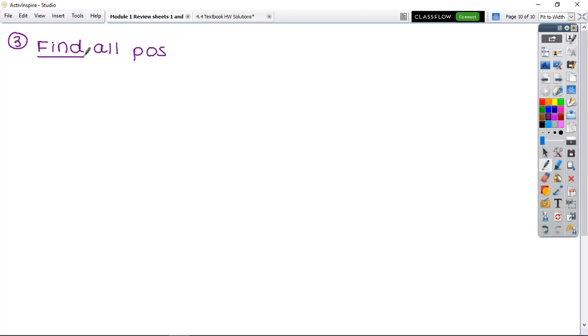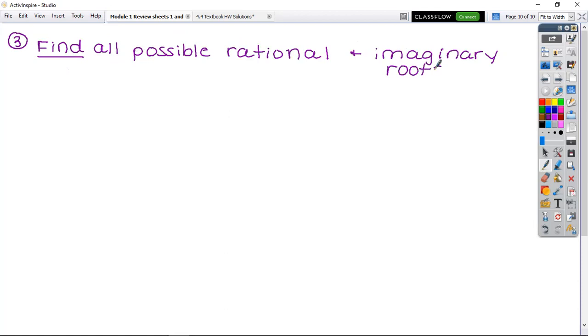So not just list, but find all possible rational and imaginary roots. The higher the degree, the more work you have to do. So this first one, I'm going to start with just degree 3.